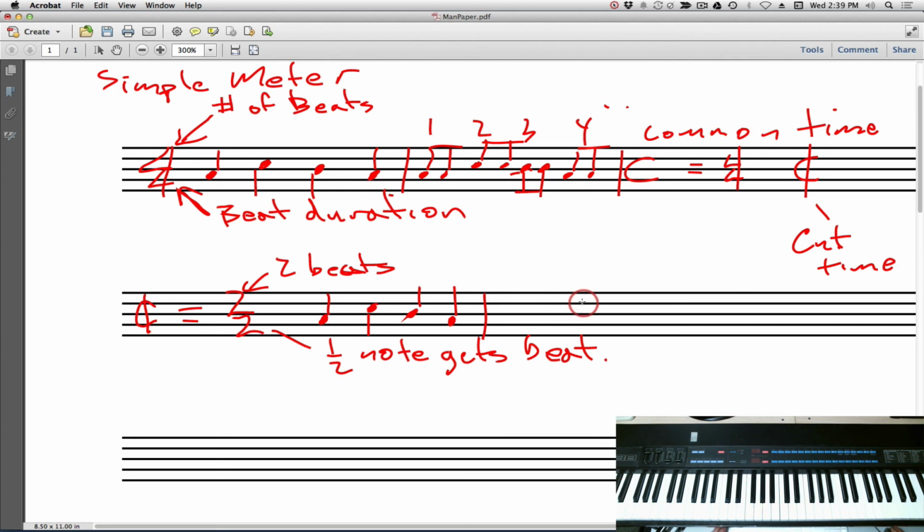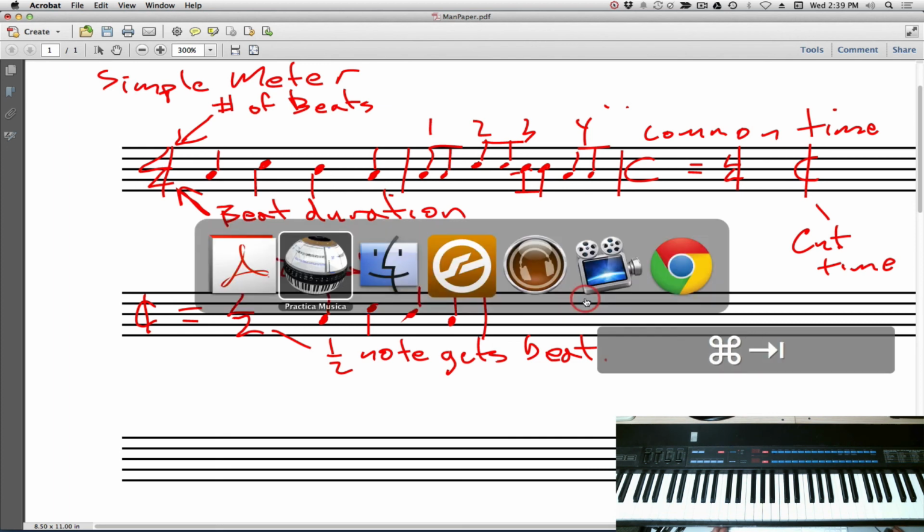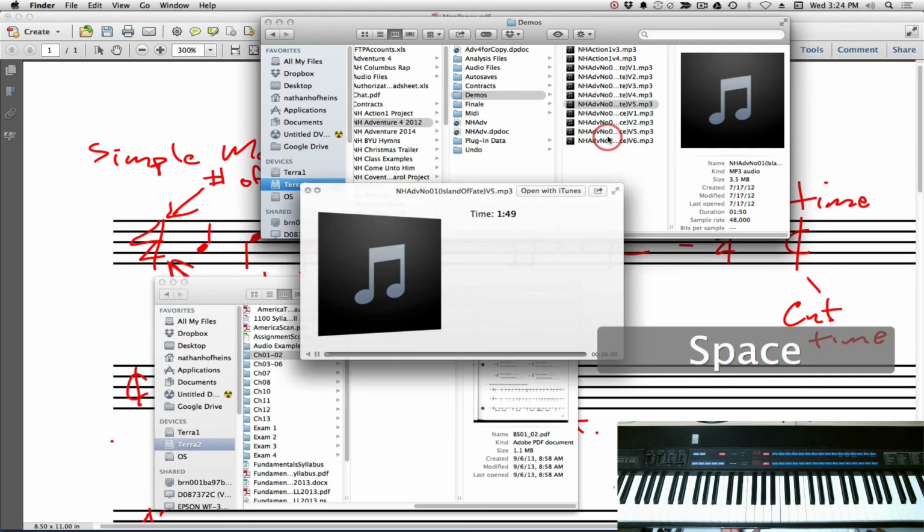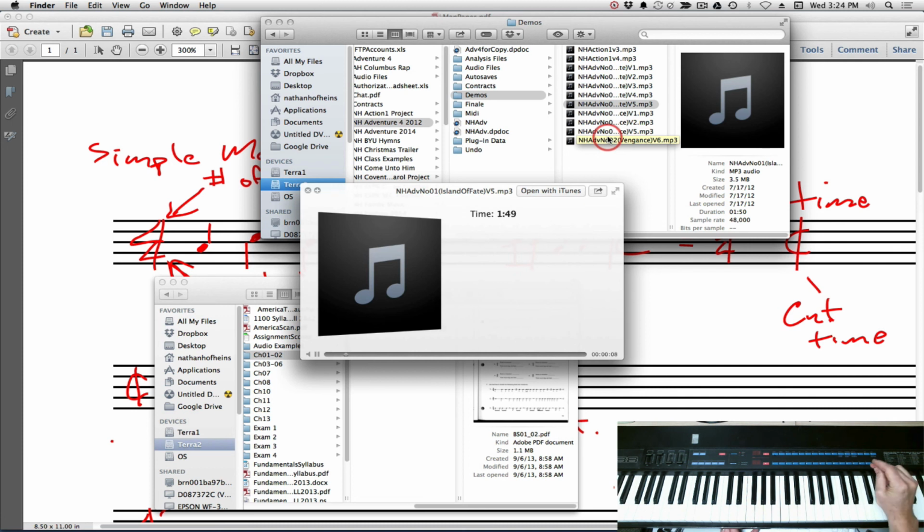I'm going to play an example that can be in either one, and I'll show you how that works. This is a piece that I wrote for a music library. Okay, so here we're 1, 2, 1, 2, 1, 2.